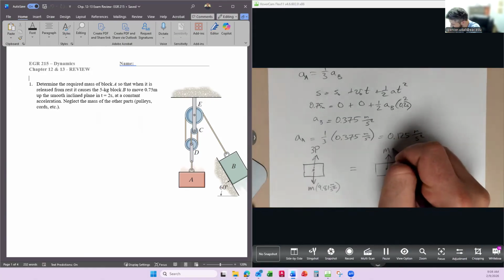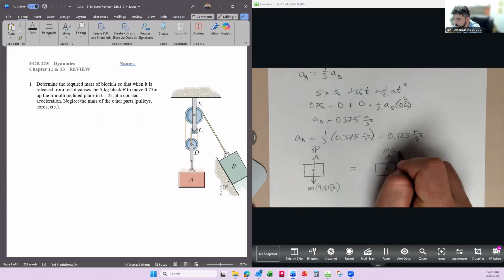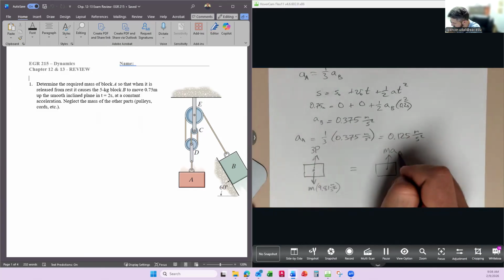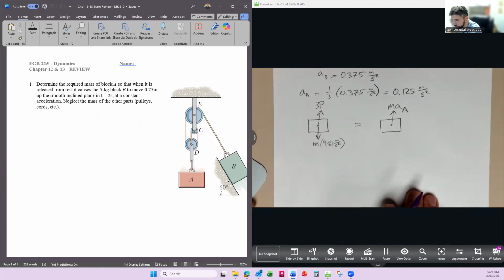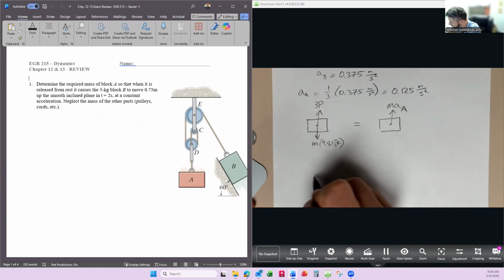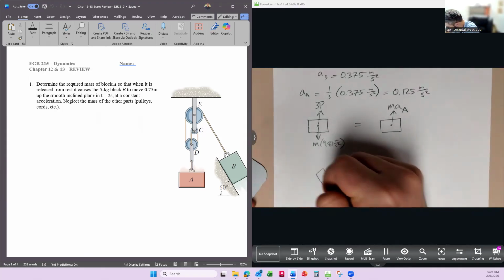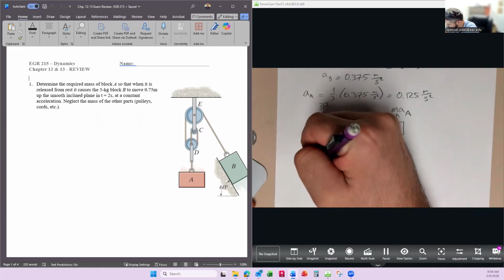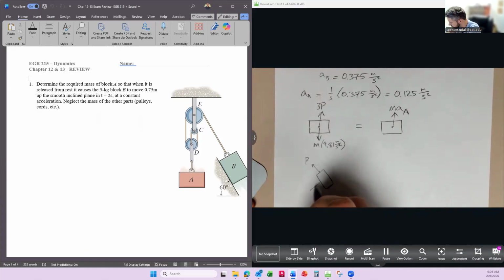Mass times acceleration. We still have two unknowns. We don't know the mass. We do know the acceleration of A, but we don't know what P is. So we got to go to the other one. All right, let's make another free body diagram. Let's make one for the block B going up the ramp. It's got a tension force on it, P, no friction, does have a normal force.